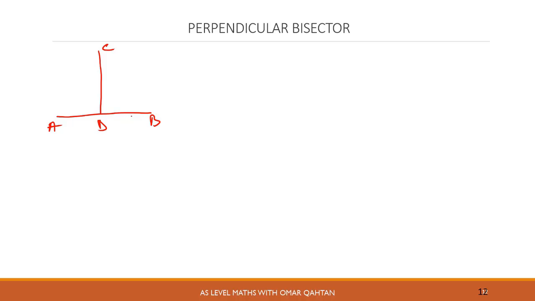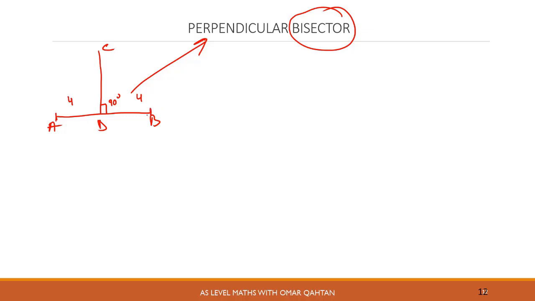There is a line AB and there is a line CD, and this line CD is perpendicular to the line AB, making a 90-degree angle because we say perpendicular. And when we say bisector, it means that this line CD is breaking down this line AB into equal halves. For example, if this is 4, then the other should be 4 also because it is equally divided.